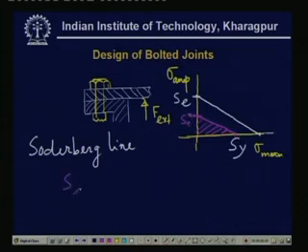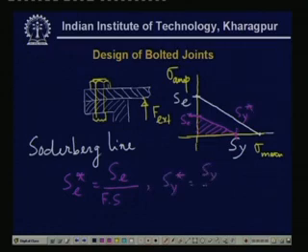Se star will be Se divided by the factor of safety. Similarly, Sy star will be Sy divided by the factor of safety. So all the design data must fall within this line.